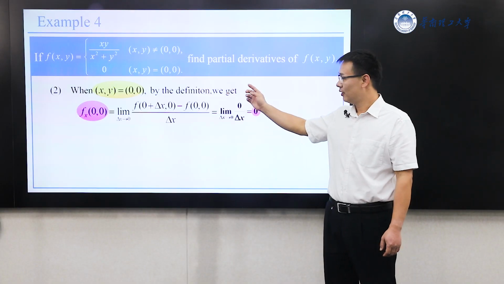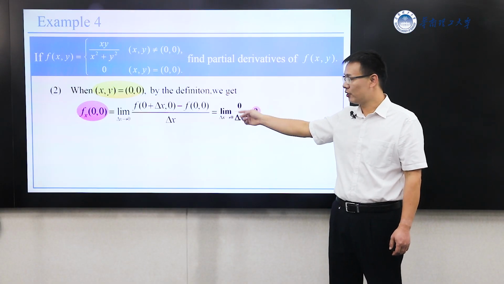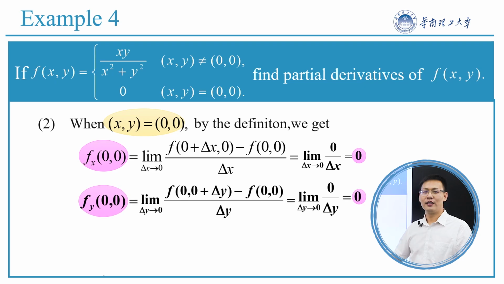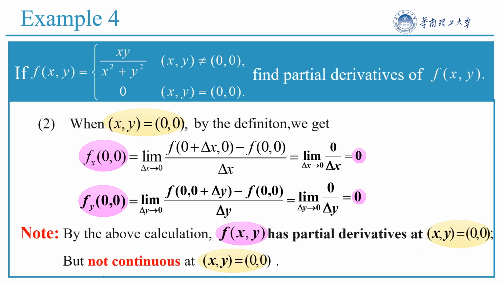That is the limit of 0 over delta x. The result is 0. Similarly, the second partial derivative is 0, too. Note, this function has two partial derivatives, but it is not continuous at the point 0, 0. We will prove the continuity in the next section.